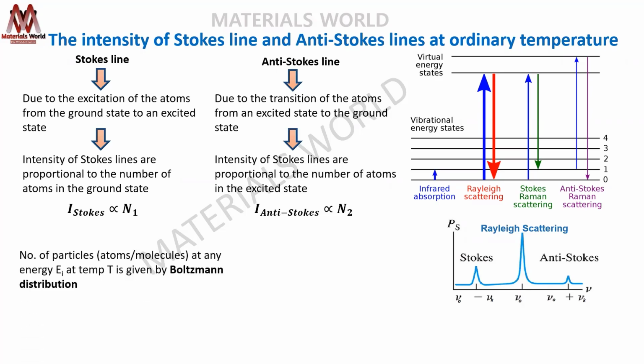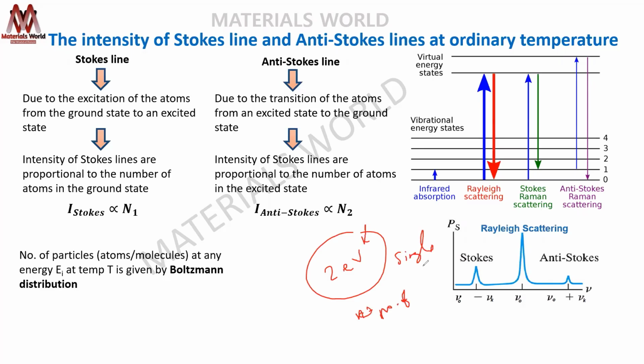So now here is a point. If you have two energy levels, if you remember the questions we solved in lasers, like in one pulse, how many photons will be generated or how much energy will be released. Like if 2 electron volt energy is released in a single pulse, then how many photons will be generated?